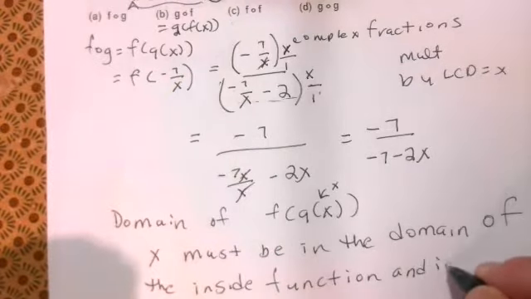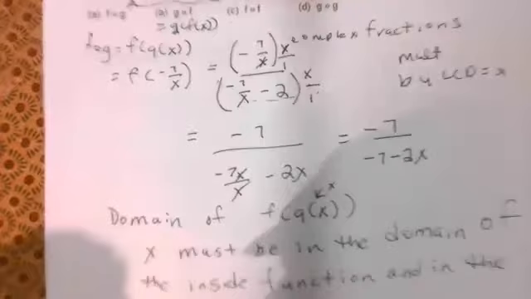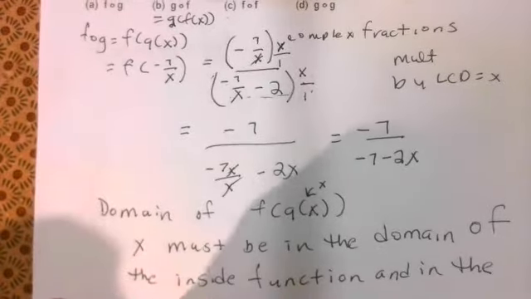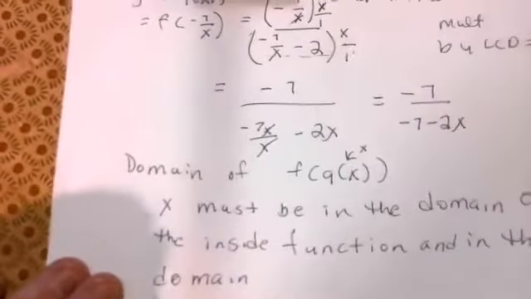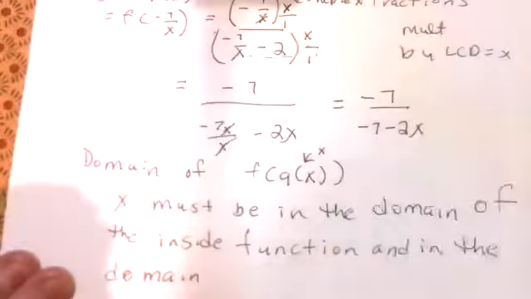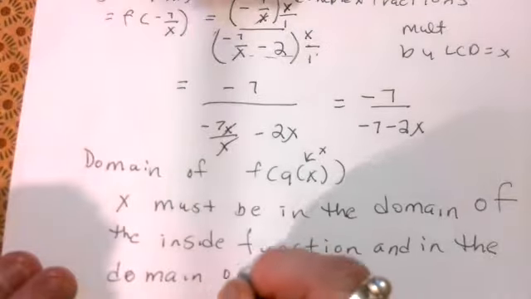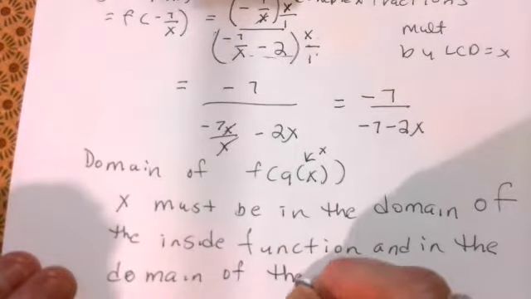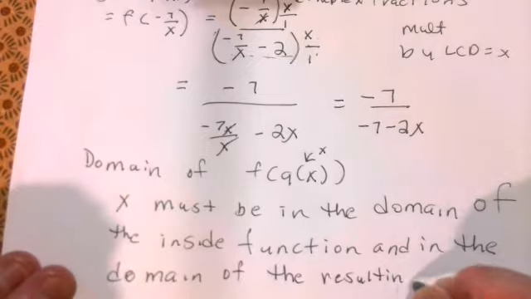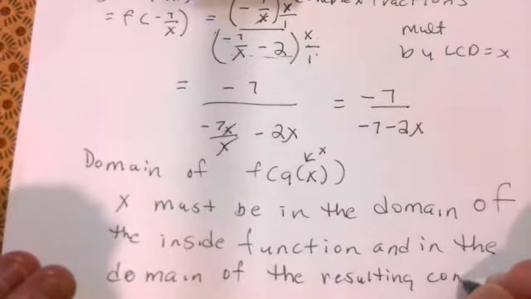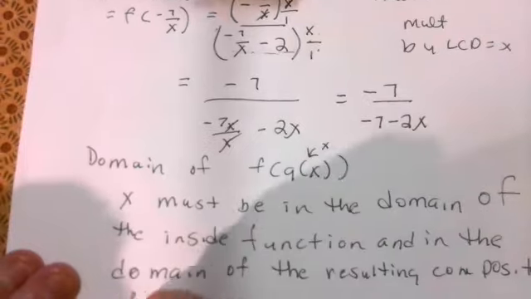And in the domain that's right, because it's like I'm writing lopsided, of the resulting composite. And that's, in this case, the f of g of x.